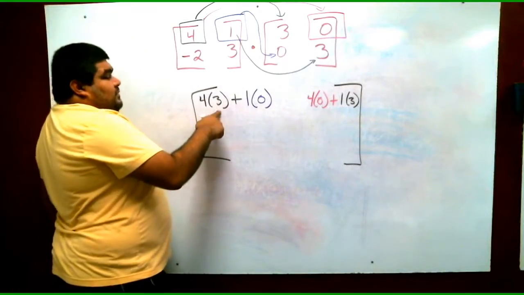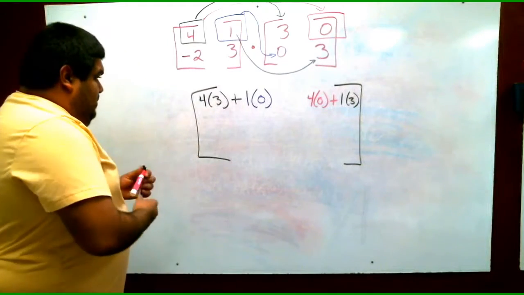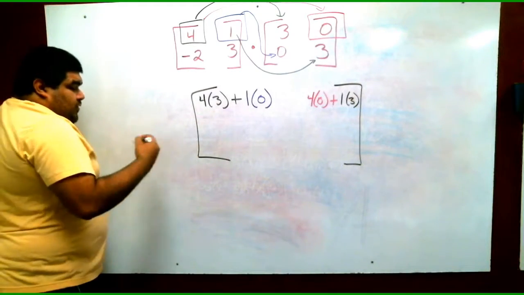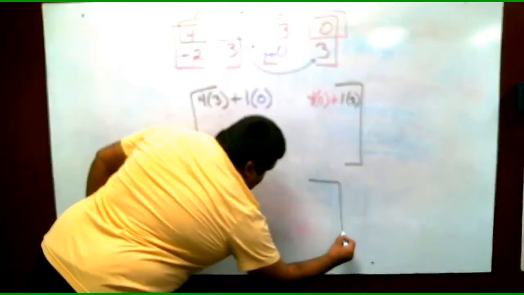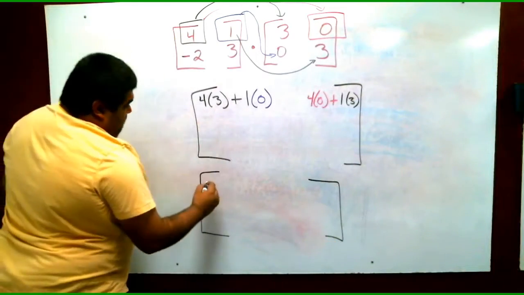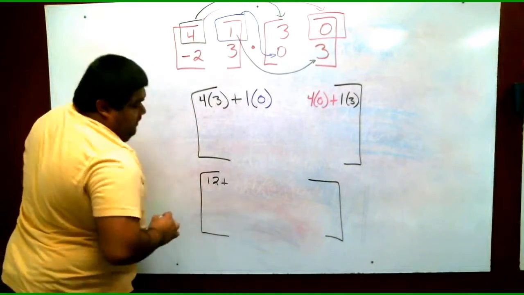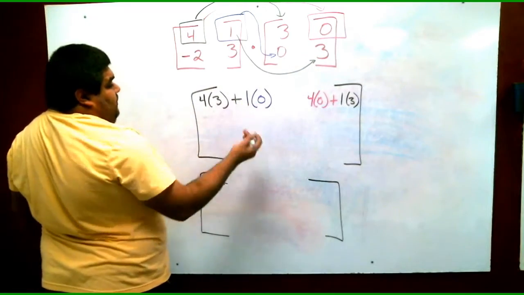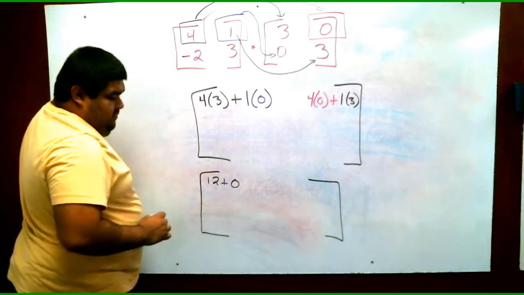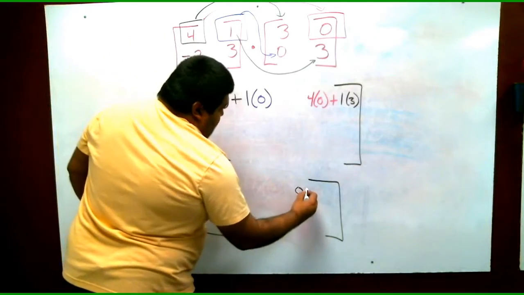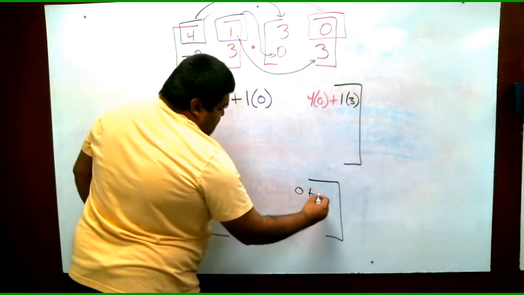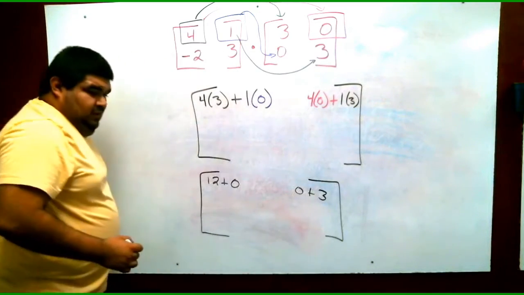So we can say 4 times 3, we have 12. So our new matrices, at least for the top part, we have 4 times 3, which is 12, plus 1 times 0, which is 0. On the other one, 4 times 0, which is 0, plus 1 times 3, which is 3.